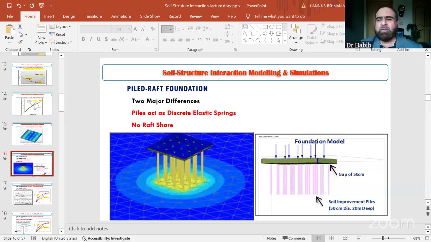So how can we make very simple assumptions regarding the soil? We can consider closely, uniformly spaced springs, with the soil represented by those. That's why I also mentioned that the interaction is very complex, so we have to train ourselves, we have to teach ourselves how closely we can predict the behavior of the soil.